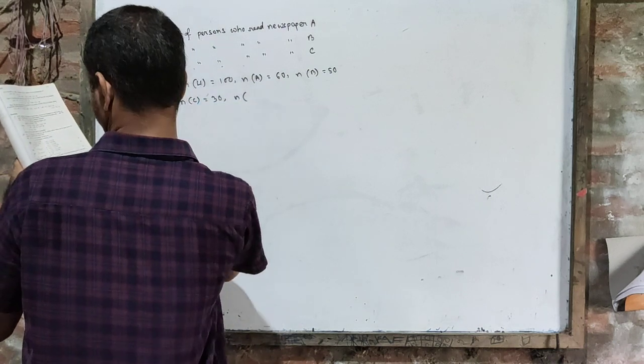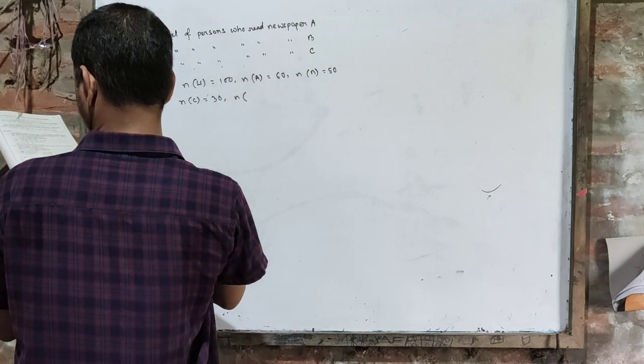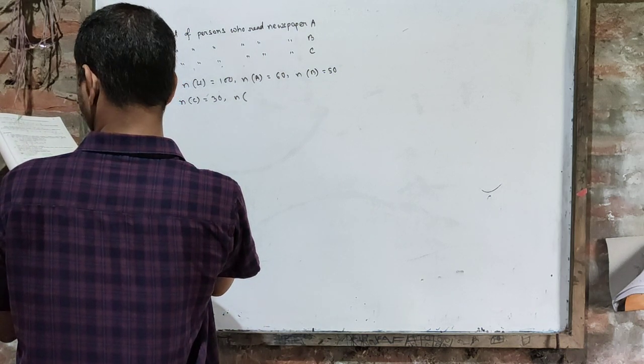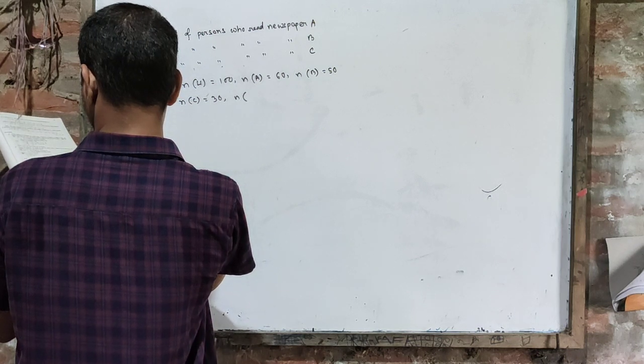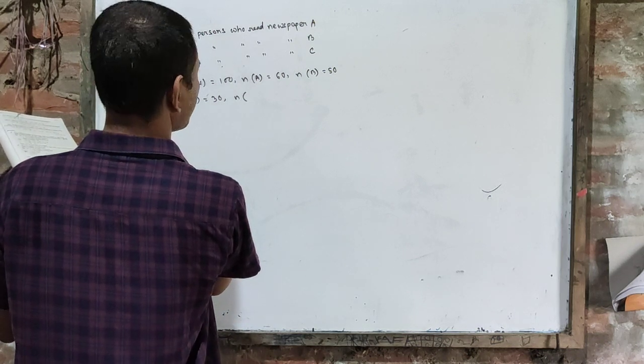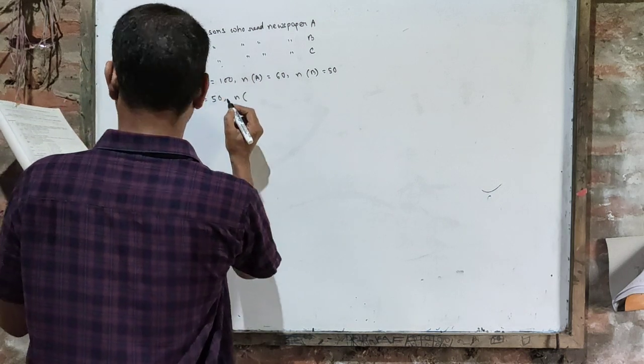Then N of C. 60 read A, 50 read B, 50 read C. Okay, 50 read C, not 30.